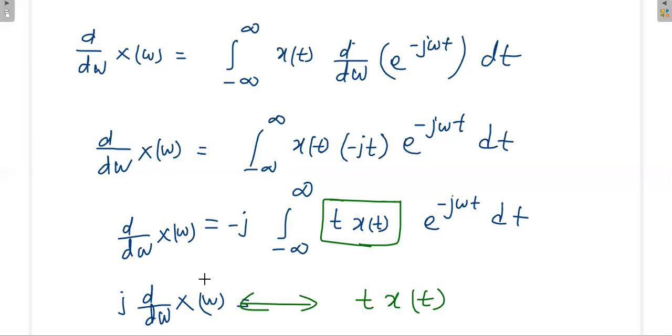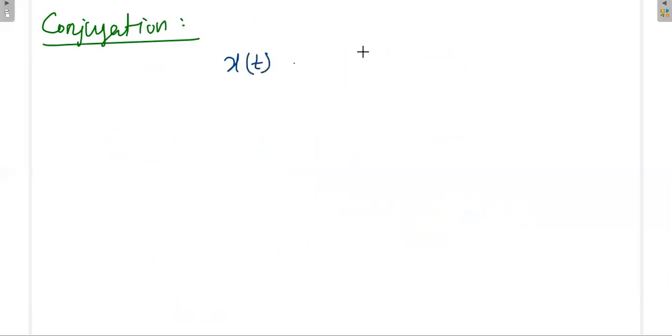Then the next property is the conjugation property. The Fourier transform of x of t is x of omega.